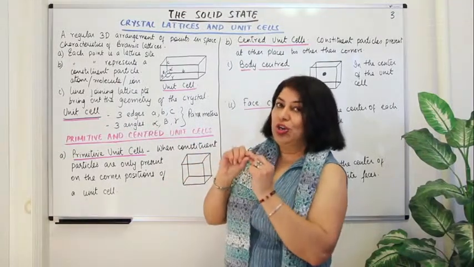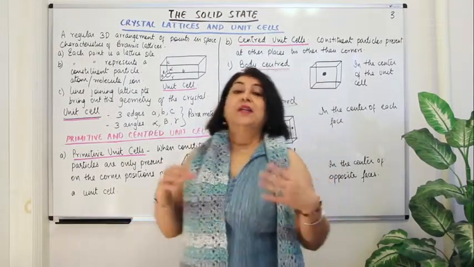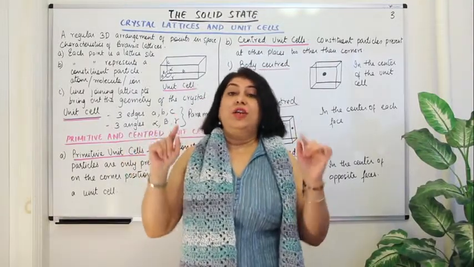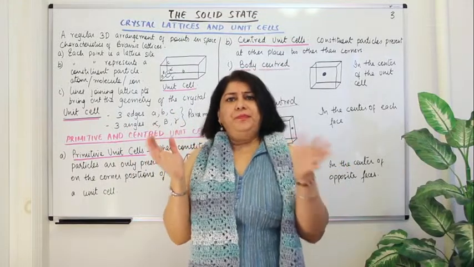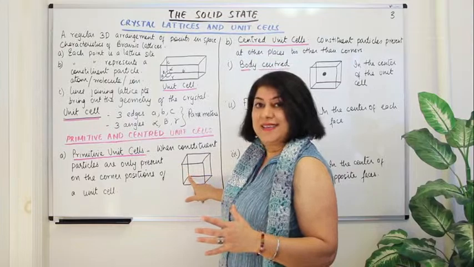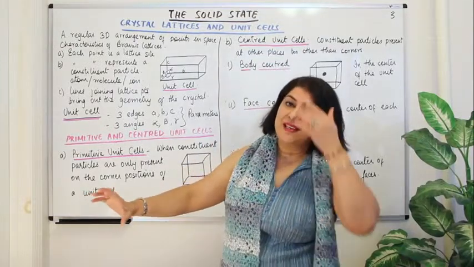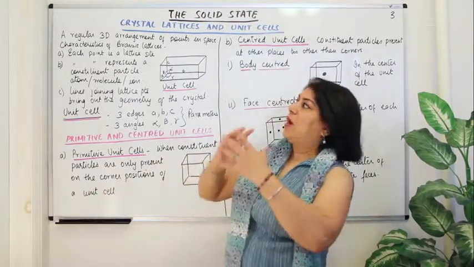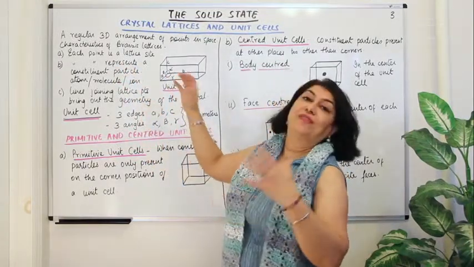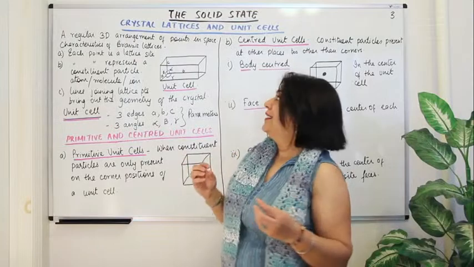The brick could be a cube, a cuboid, or a cuboid with tilted edges. Instead of all being 90 degrees, it could be slightly tilted. So there are different types of unit cells, and then these unit cells are arranged in 3 dimensions to create different types of lattices.